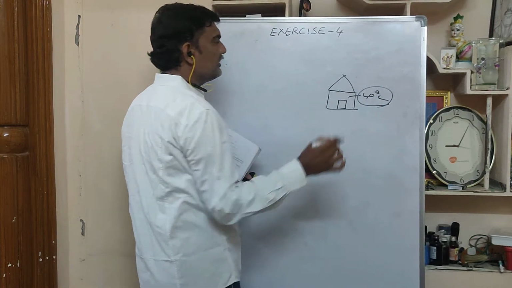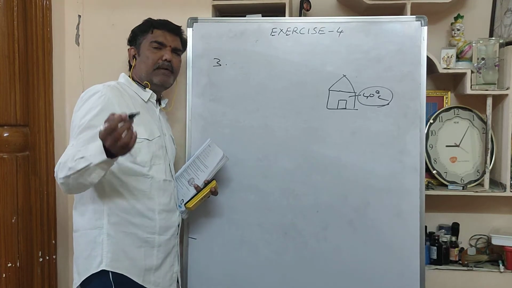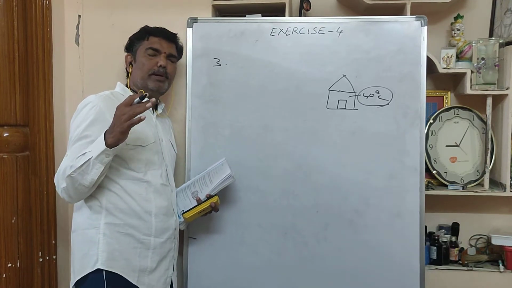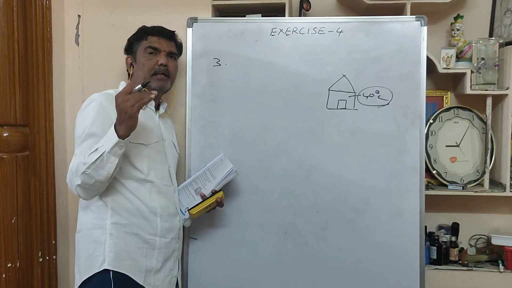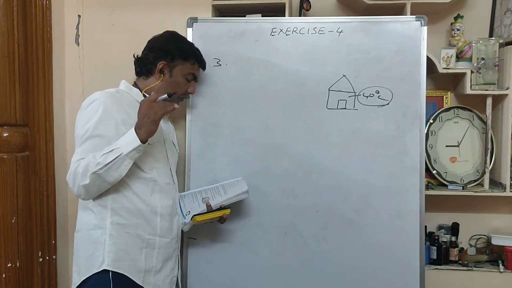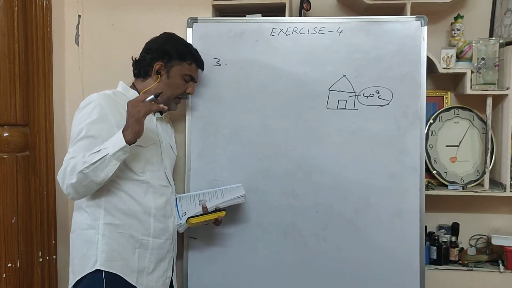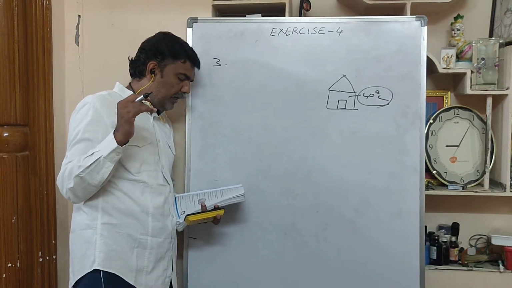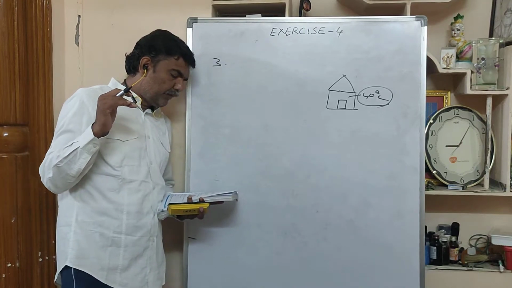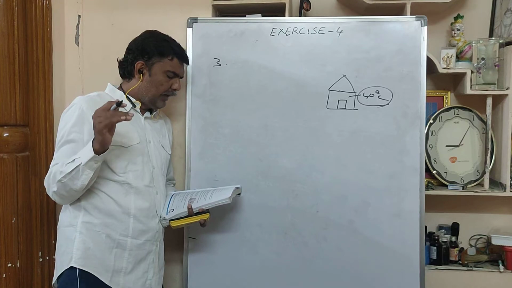This much temperature is there in the house. What you have to do? Every hour, automatically 5 degrees should be decreased. The room temperature will be lowered from 40 degrees at the rate of 5 degrees centigrade every hour.